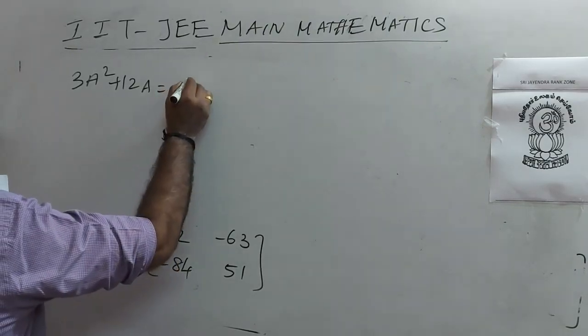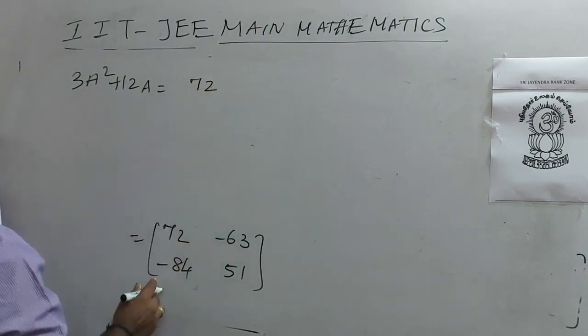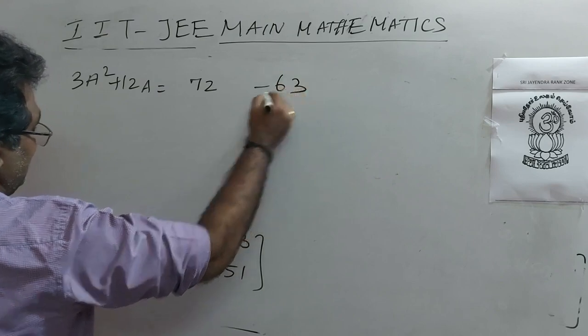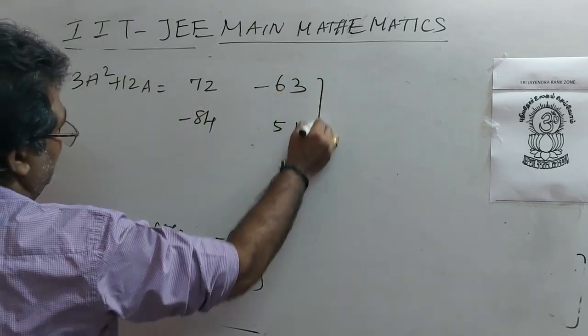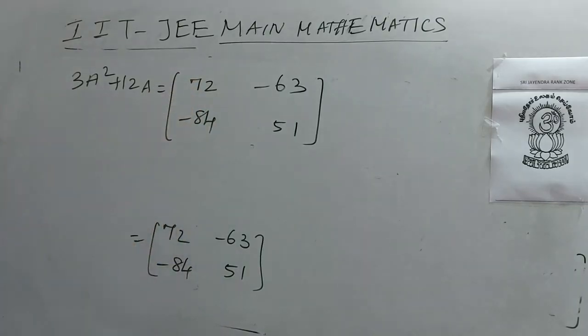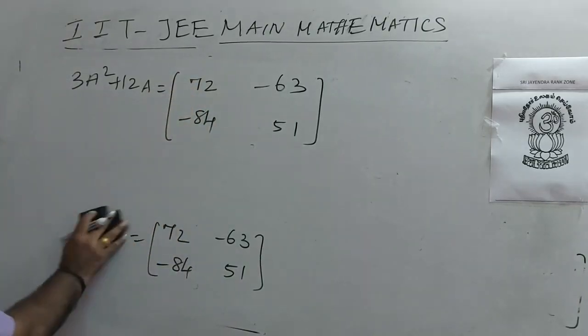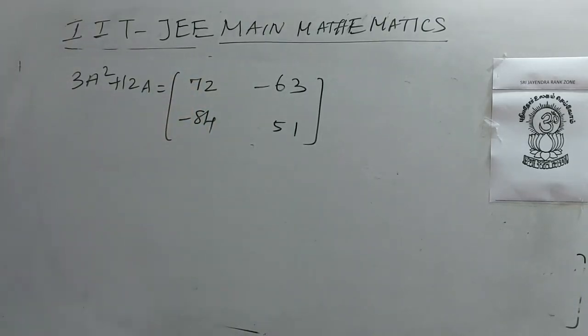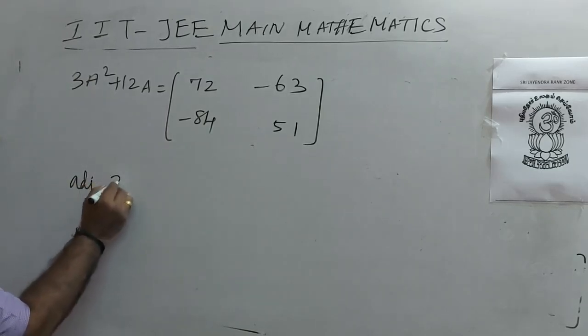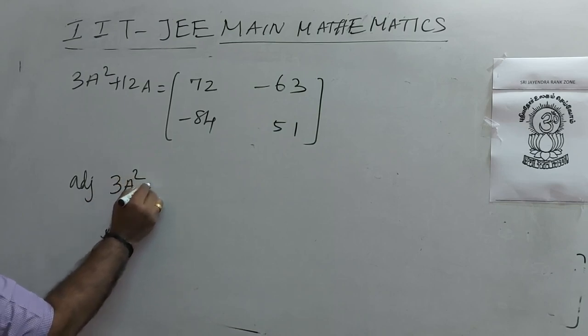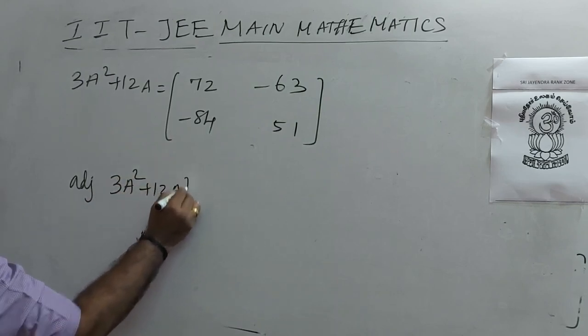So 72 minus 63 minus 84, 51. So adjoint of 3a squared plus 12a.